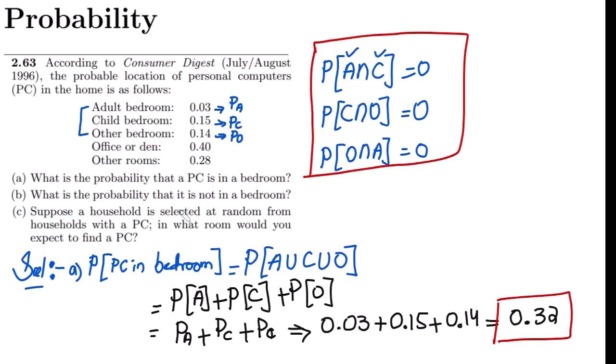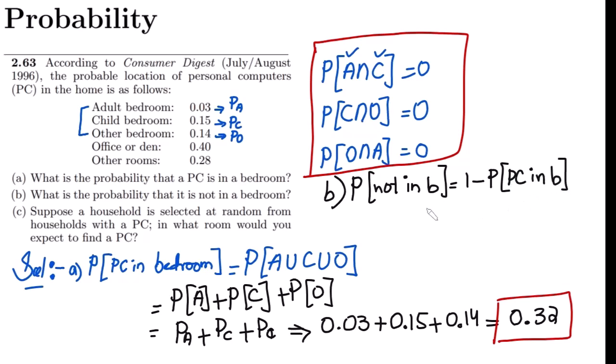Similarly, what is the probability that it is not in a bedroom? So how to find it out? Let me write here this B. So the probability that it is not in a bedroom is equal to 1 minus the probability that the PC is in the bedroom.